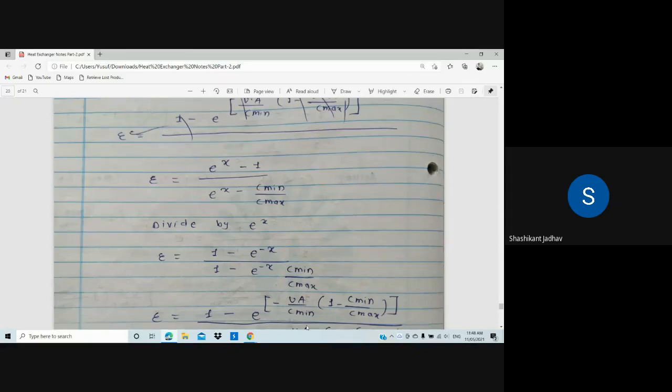Epsilon is equal to e raised to x minus 1 divided by e raised to x, when you do that, it becomes 1 minus e raised to minus x divided by 1 minus e raised to minus x into C minimum upon C maximum. Okay, so all of you write down, divide by e raised to x.